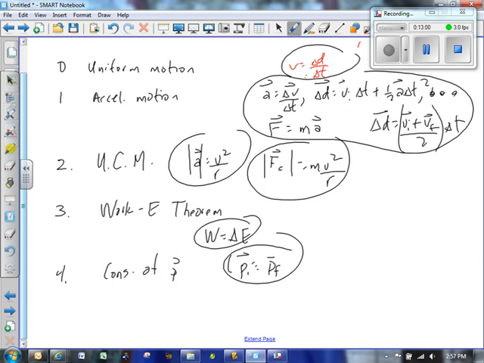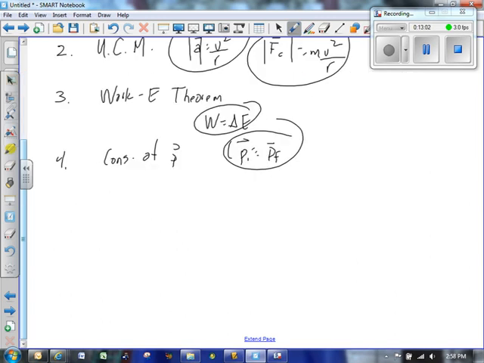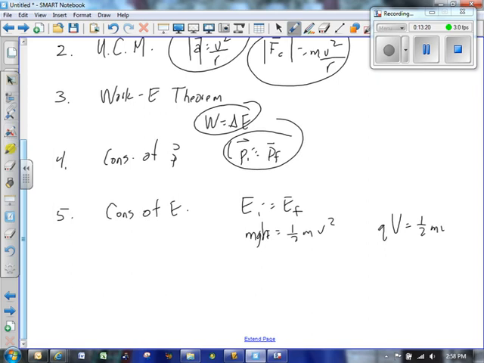Principle number 5, conservation of energy. EI equals EF. Maybe we're going to do MGH equals 1/2 mv squared. Maybe we're going to do QV is equal to 1/2 mv squared in the case of a charged particle speeding up. Both of those are conservation of energy. So if you do any of this, then you're going to use principle number 5.